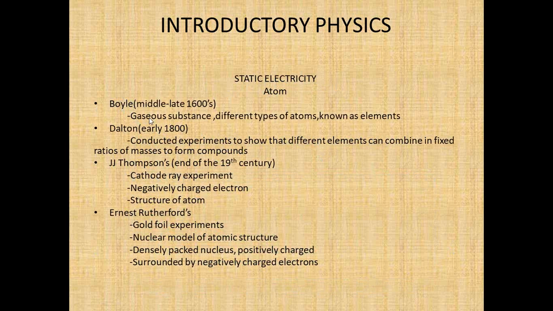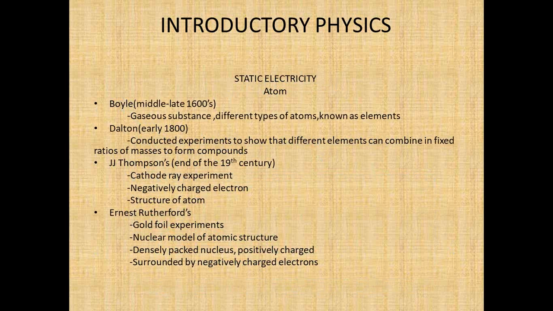He did a lot of work in gaseous substances, and he was able to elucidate the different types of atoms, and he called these elements. So you know the elementary table, or the periodic table.